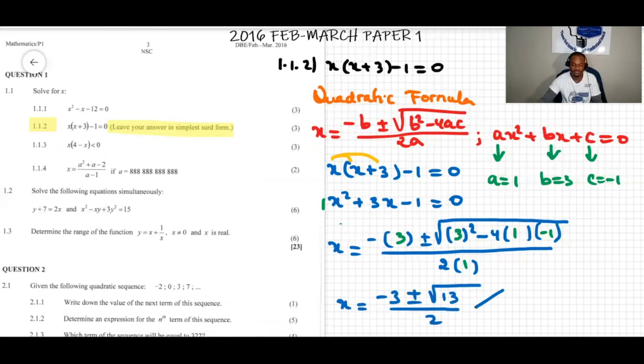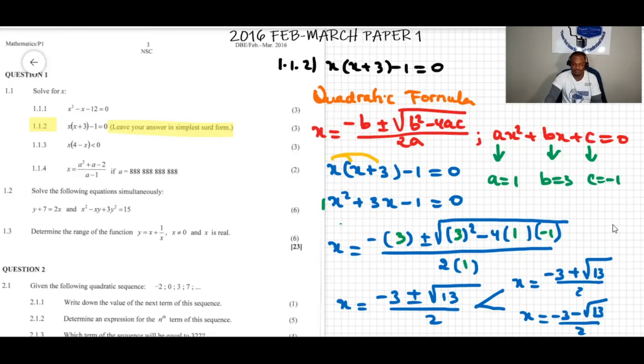So the solutions are, we can stop there, or we can also write x is equal to negative 3 plus square root of 13 over 2, or x is equal to negative 3 minus square root of 13 all over 2.